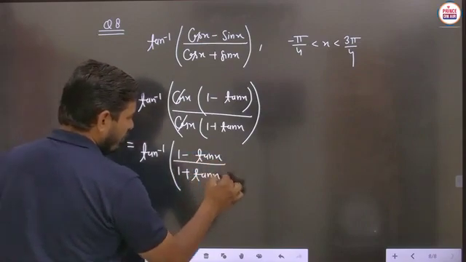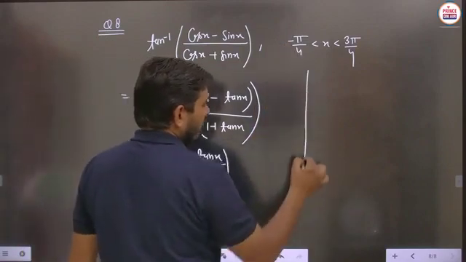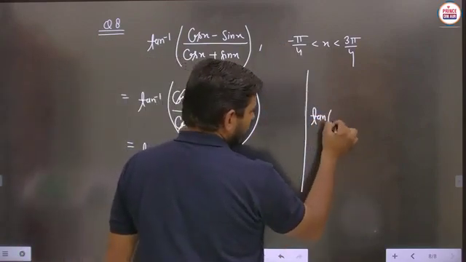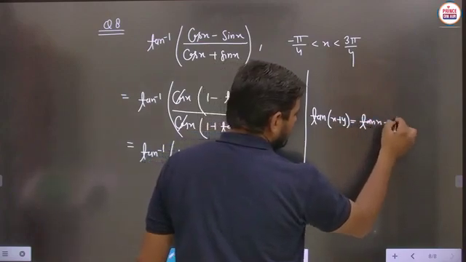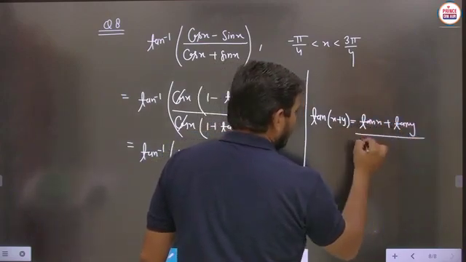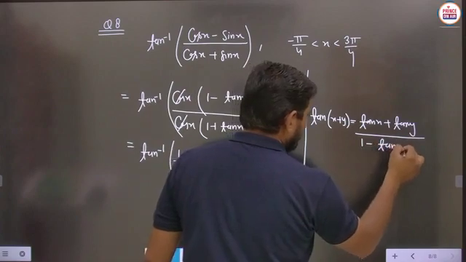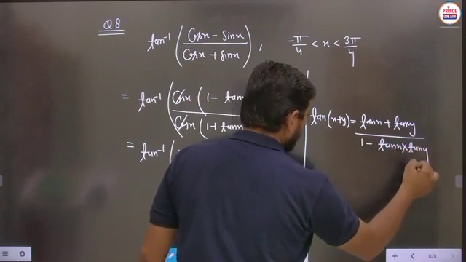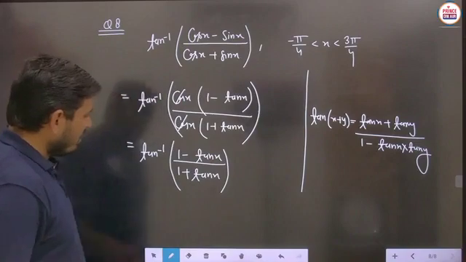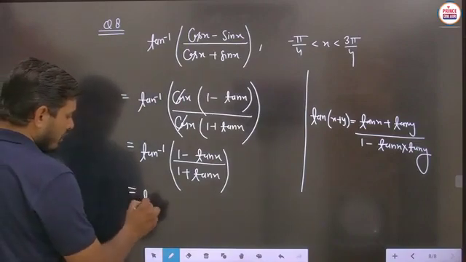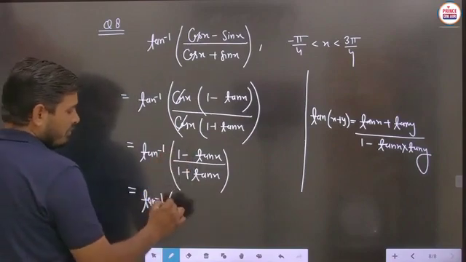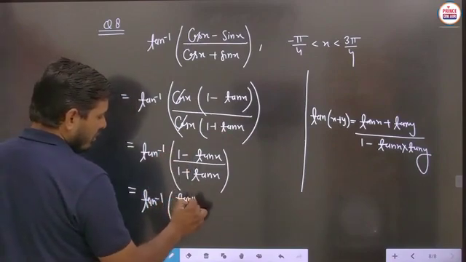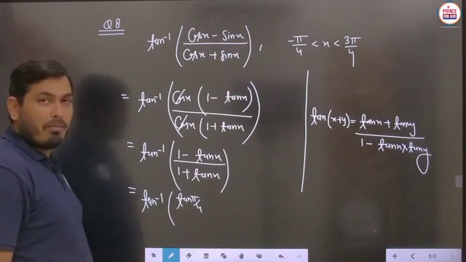Now a very important formula, students, we have to keep in mind always: tan of x plus y. So tan of x plus y is what? Tan x plus tan y upon 1 minus tan x multiplied by tan y. So this formula we are now using here to make this particular part fit. This 1 can be written as tan pi by 4, because tan 45 degrees has the value 1.